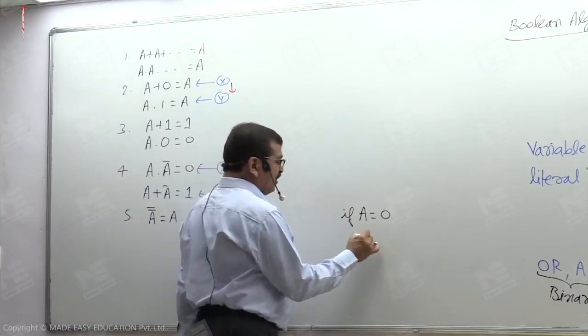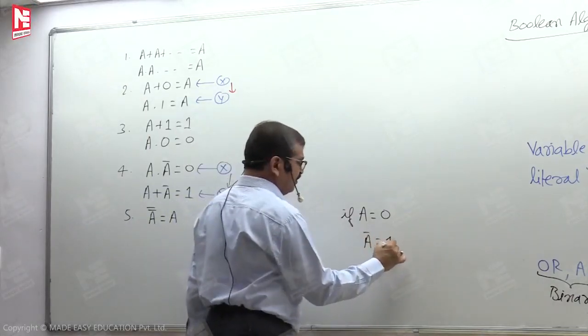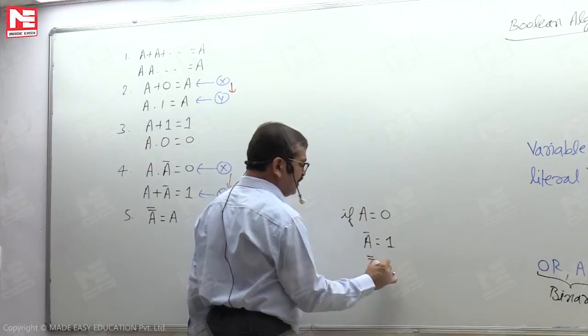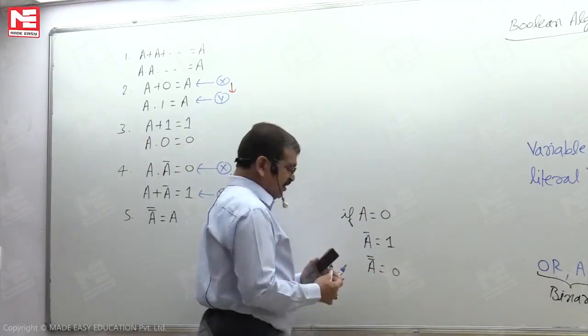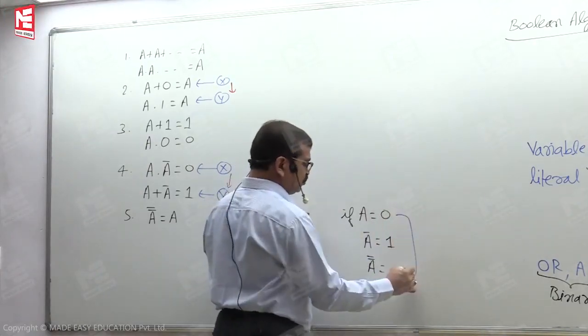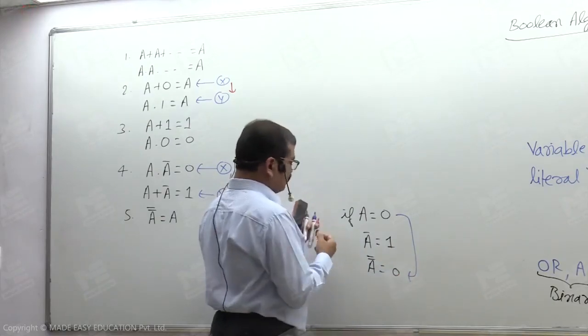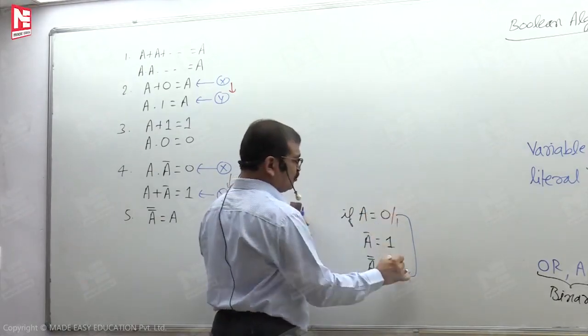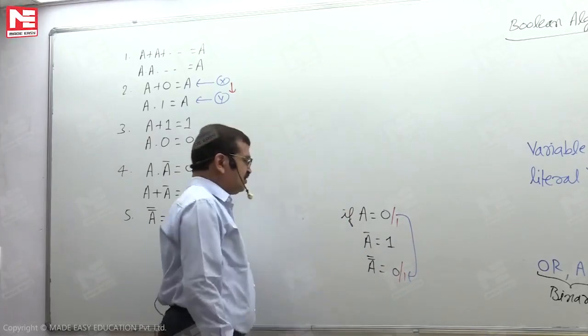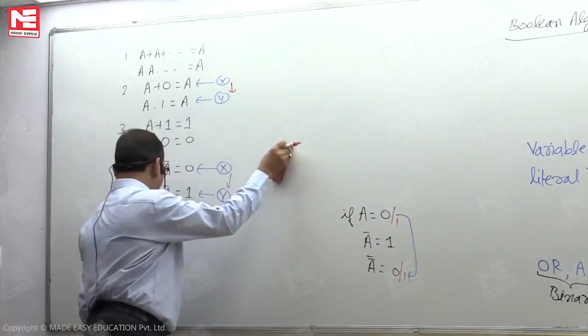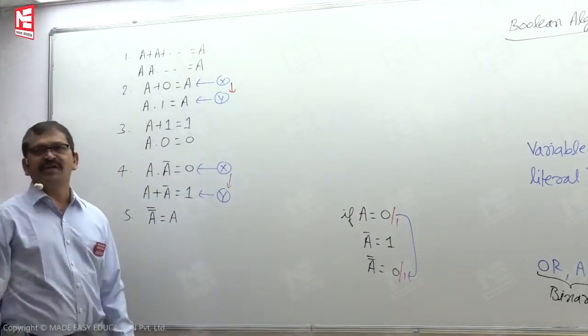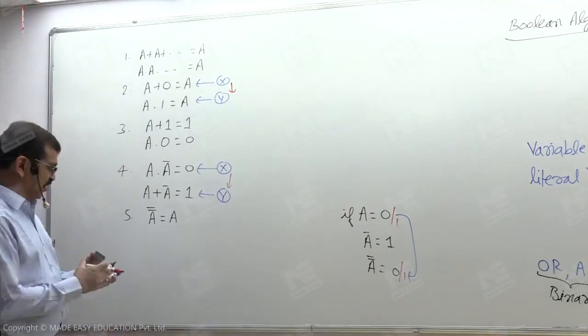On taking the complement of this variable, it is 1. On taking one more complement, it becomes 0. We started with 0 and we reach 0. If we start with 1, we will reach 1. So when the variable A is complemented twice, it is the same variable A.